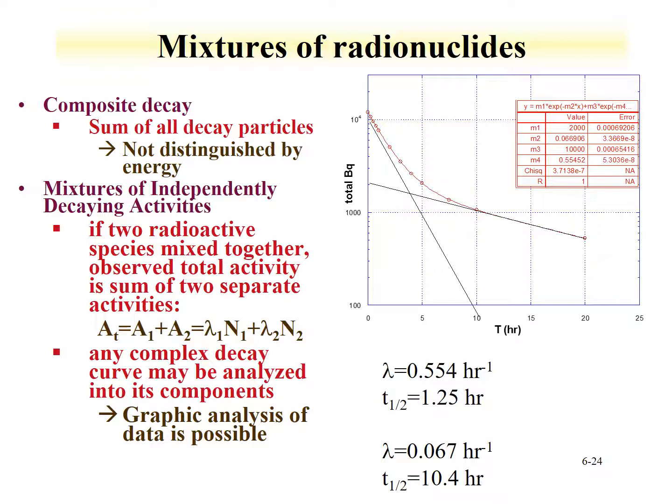We come up with data that shows we have 2 decay constants, 2 separate half-lives, and from that we can get the initial activity that we see of each isotope.